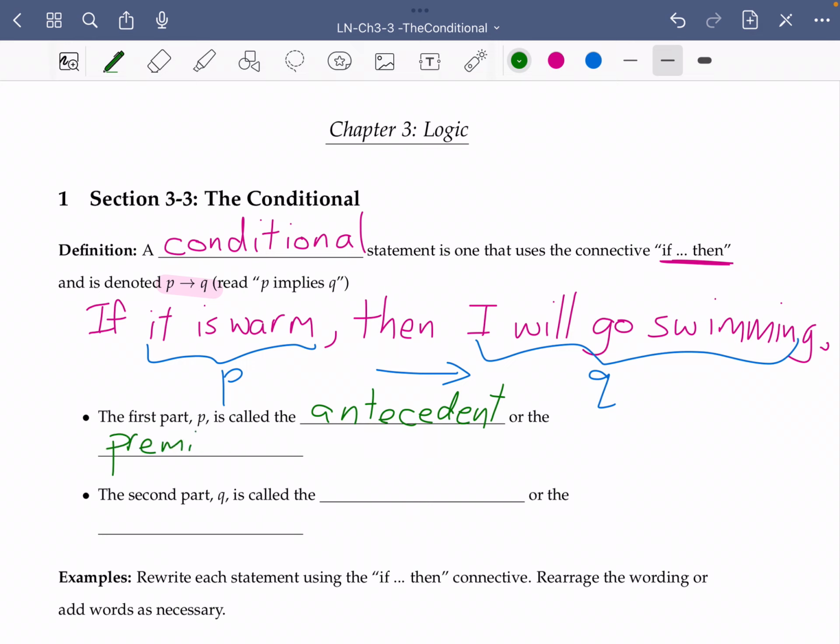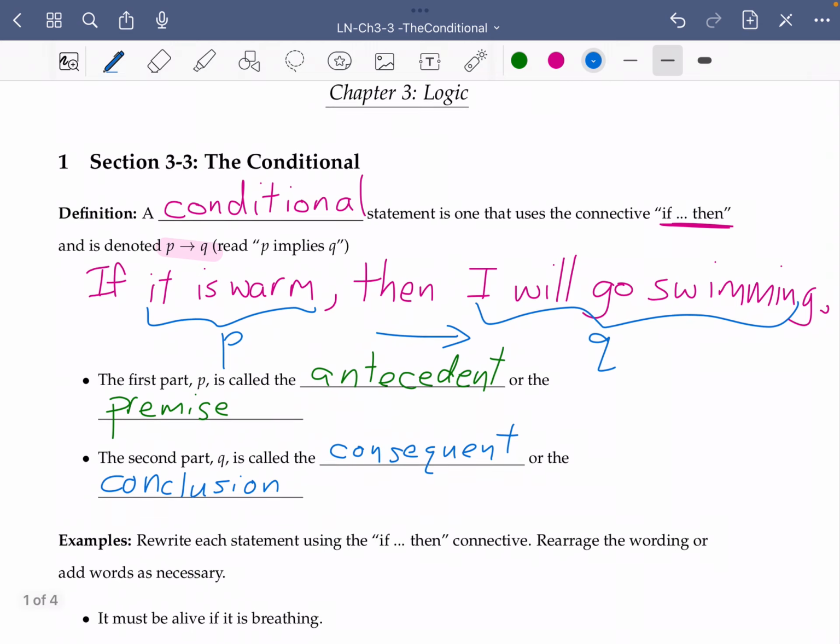So if we have this premise, then we have something happening, right? The Q part, the second part, the then part, that is the consequent, or the conclusion. Right, so if P, then Q. The Q part is the conclusion. The P part is the premise.